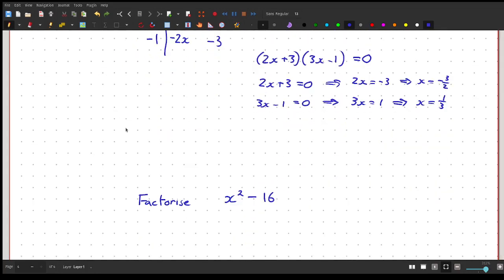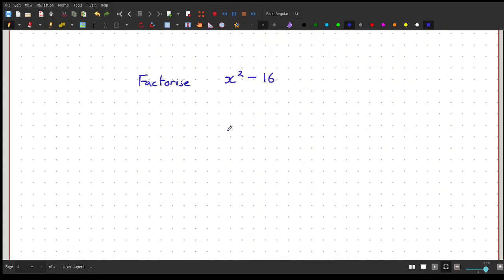Last case we'll look at is x squared minus 16. Now you can use the same method. You can write this as x squared plus 0x minus 16.